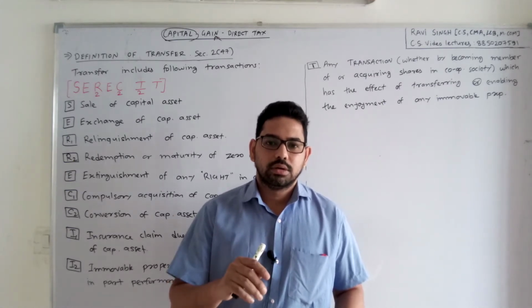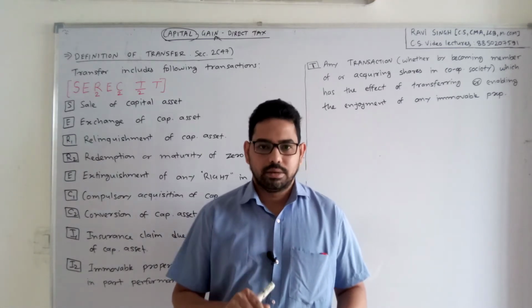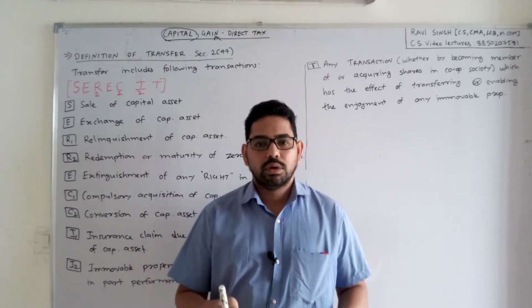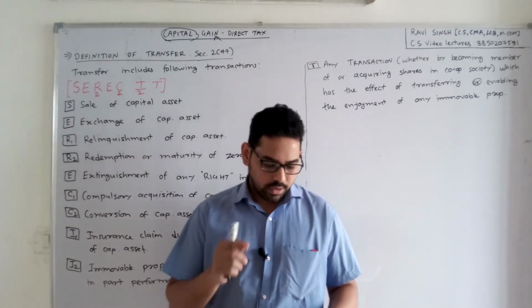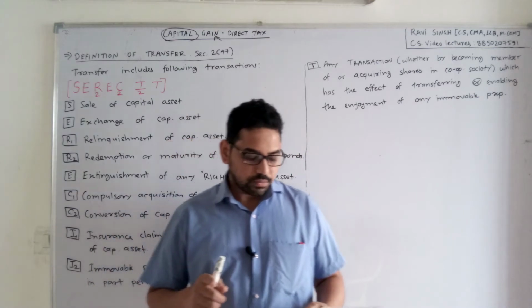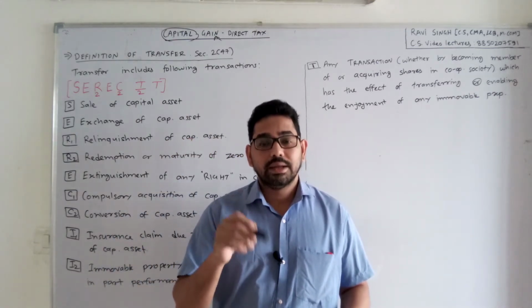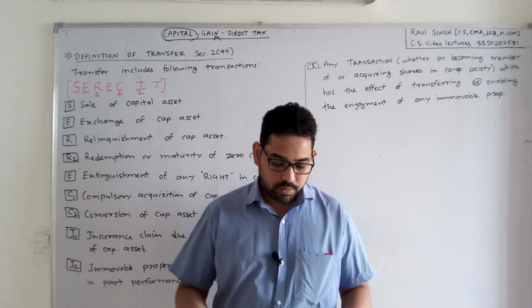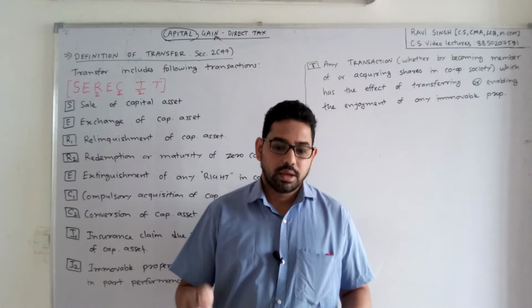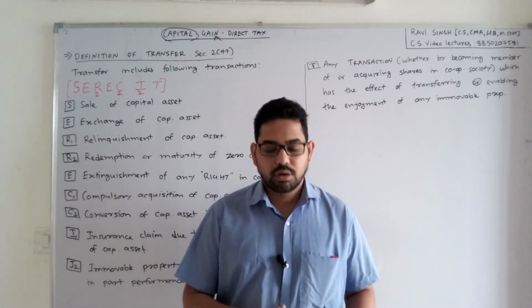In short, on these assets there will be capital gain even though they are movable and personal. For important point number 1, you can write: exception of movable personal asset and taxable. Point number 1: jewelry, drawing, painting, sculptures, archaeological collection, or any work of art.